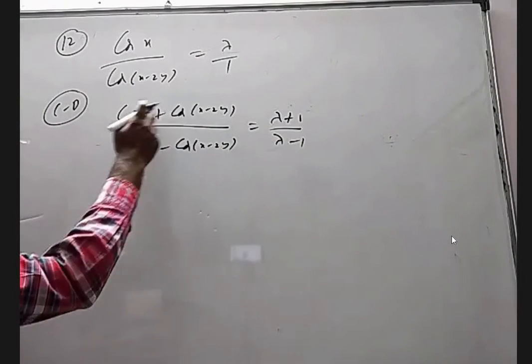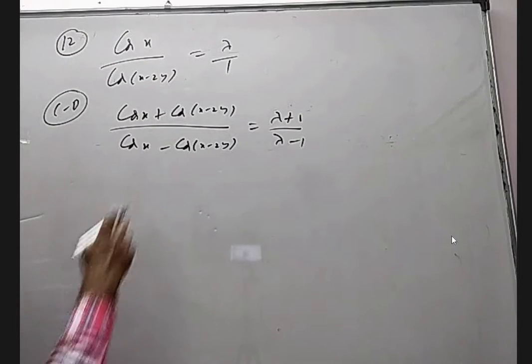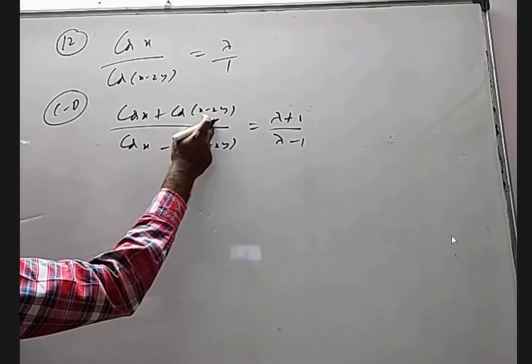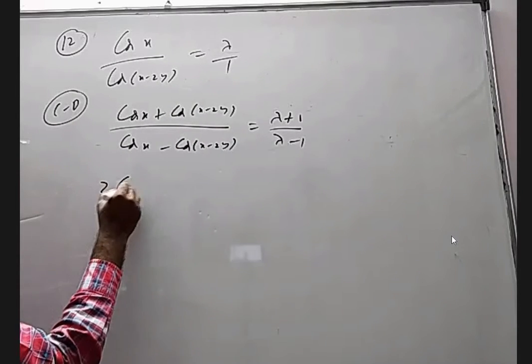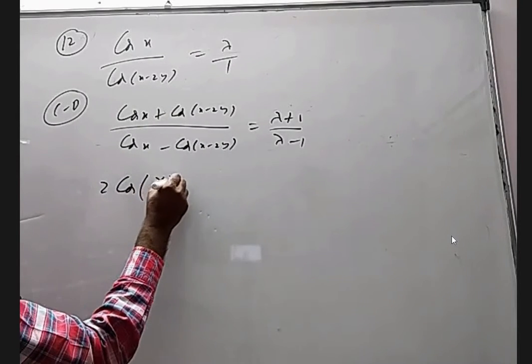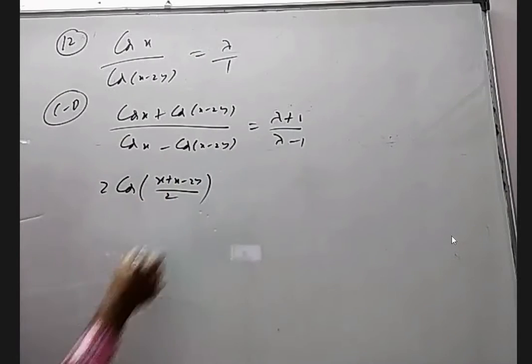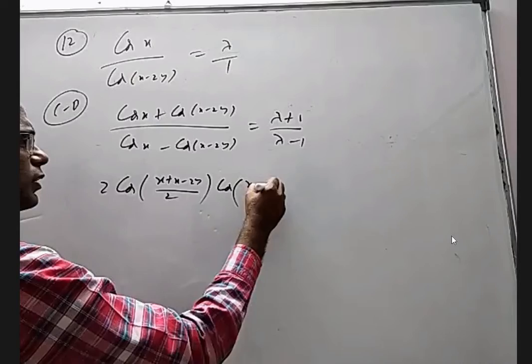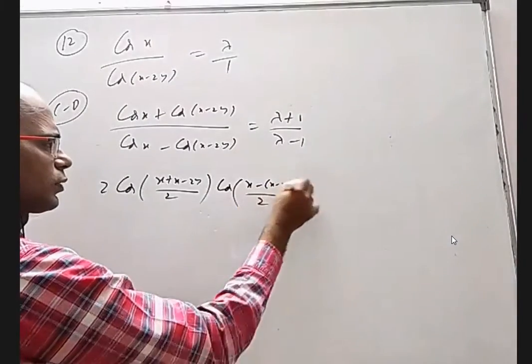I can use the cos C plus cos D formula, and here cos C minus cos D. If I take this as C, this as D, cos C plus cos D is 2 cos((C plus D)/2), that is (x plus x minus 2y)/2, and cos((C minus D)/2), (x minus x plus 2y)/2.